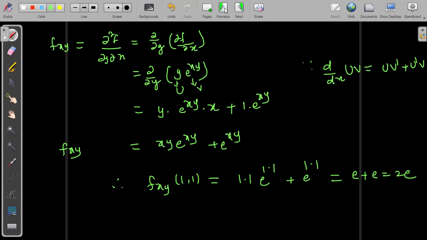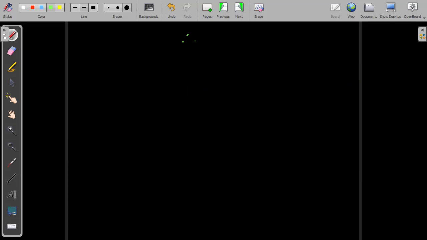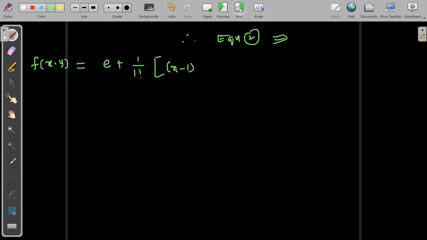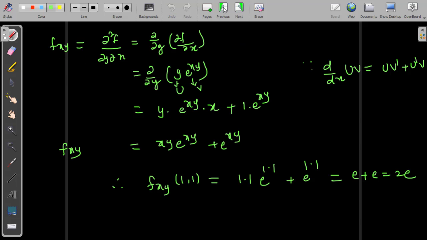All these results we need to substitute in equation number 2. Equation 2, LHS is f of x comma y. RHS is f of (1,1), that is e, plus 1 by 1 factorial times (x minus 1) multiplied with fx.